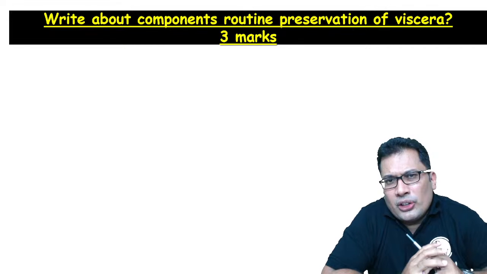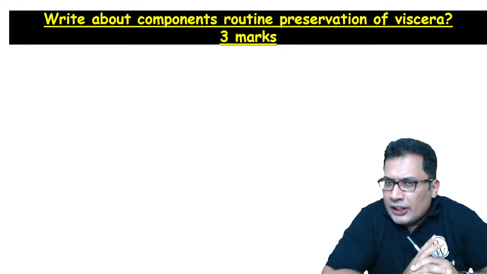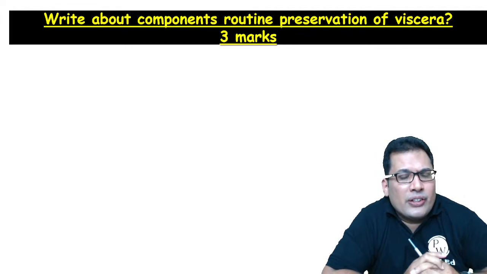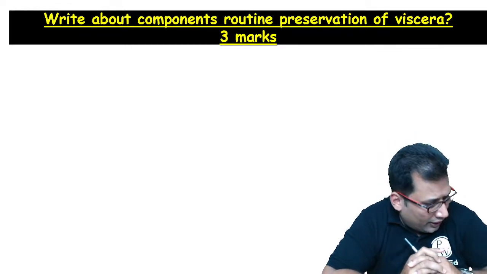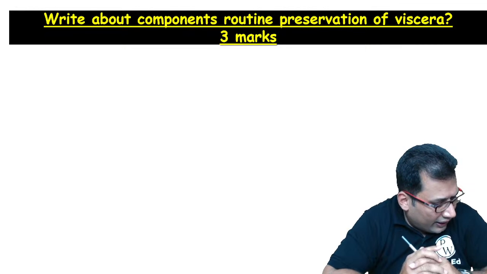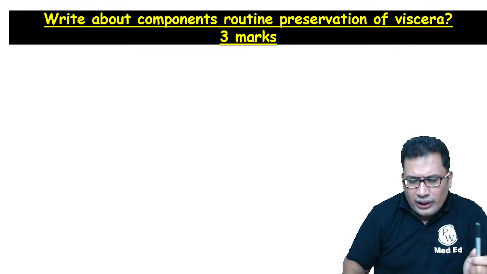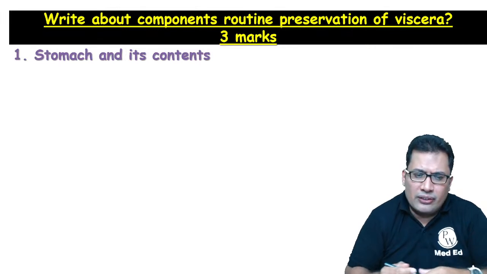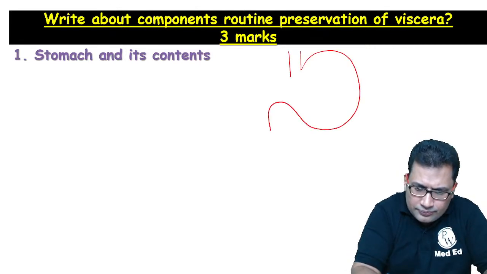Organs are preserved in case of poisoning, or in some unnatural death or unknown dead bodies, when there is a suspicion of poisoning. Yes, liver, kidney, stomach, spleen. Good, Roshan Singh answered. The first one is stomach and stomach contents.